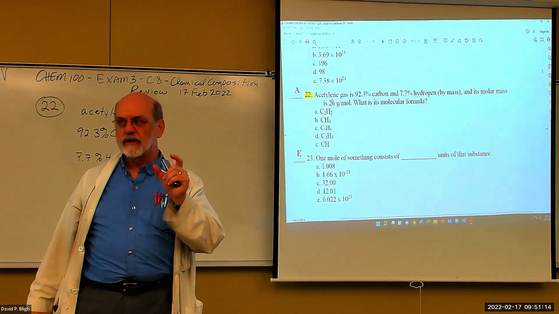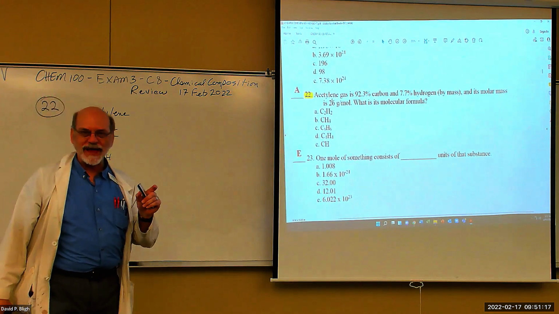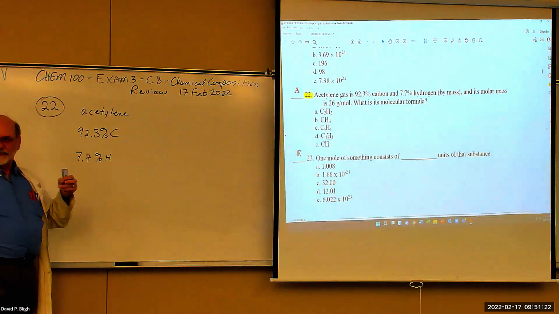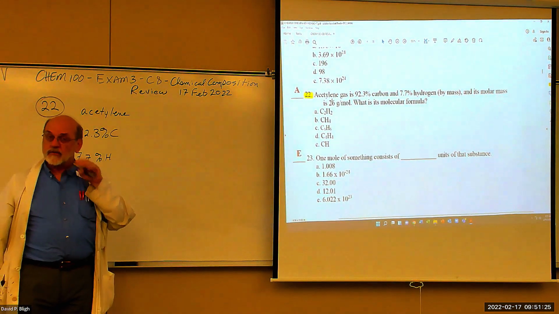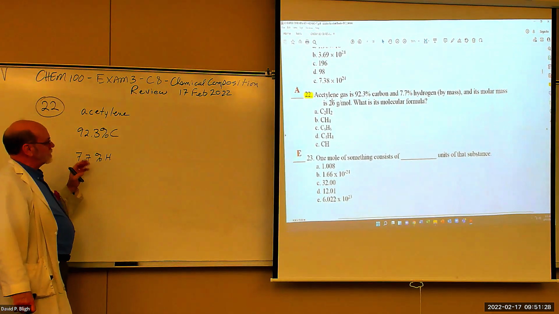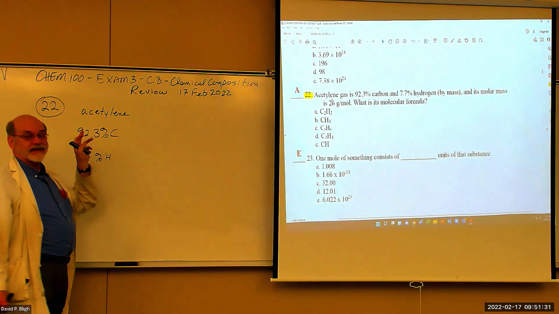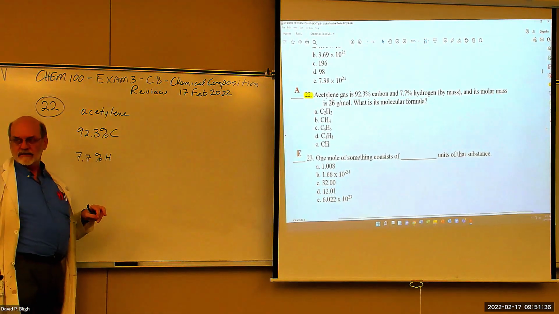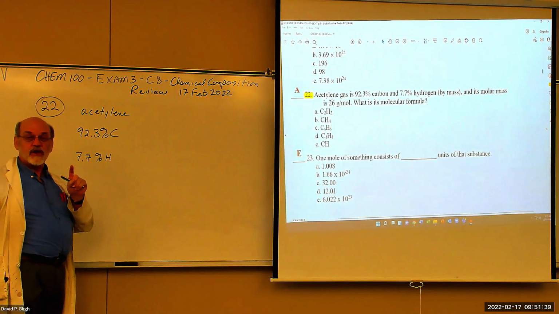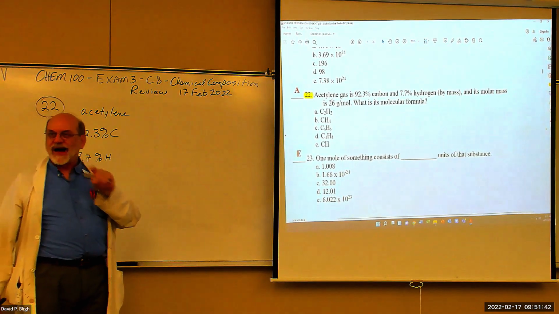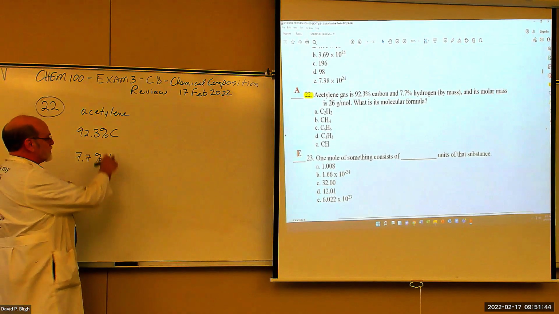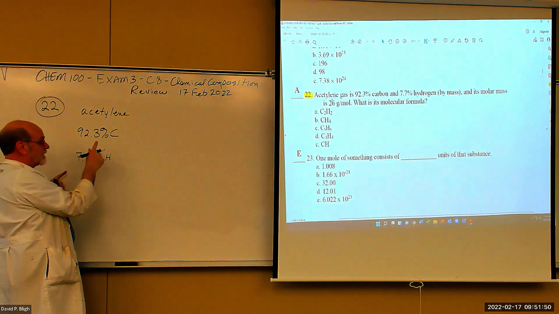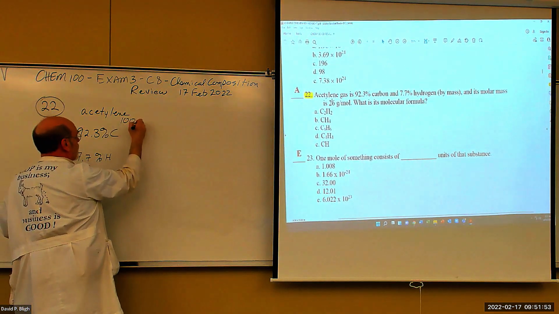We have to ratio numbers. We can't ratio mass, that doesn't work. But in order to write the formula, we have to know numbers. And to go from percent to numbers, we've got to know mass. Well, this doesn't tell us mass. Percent is dimensionless, unless you know that percent is by mass. So this is parts per 100, mass of carbon per 100 grams of sample, which means we assume a 100 gram sample.